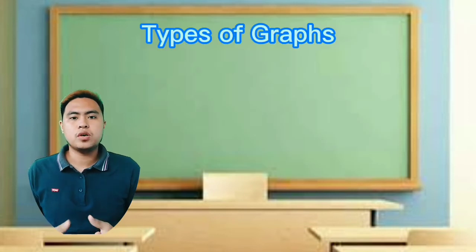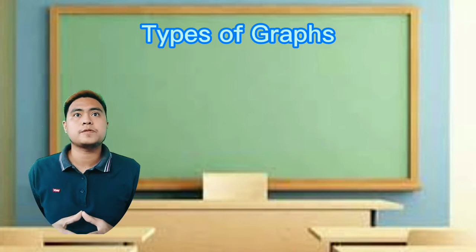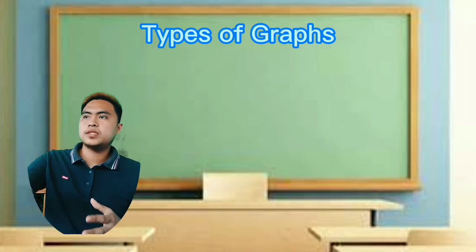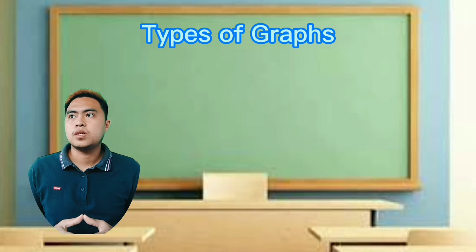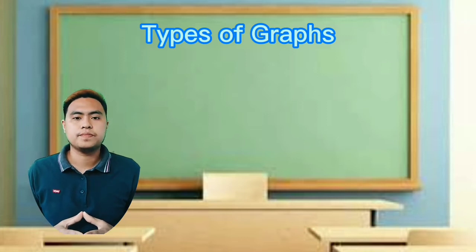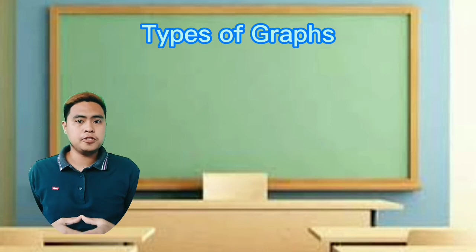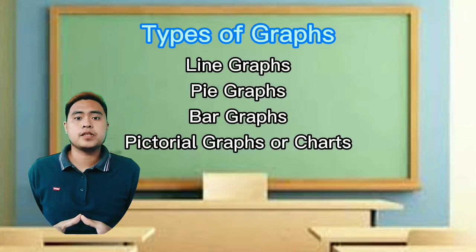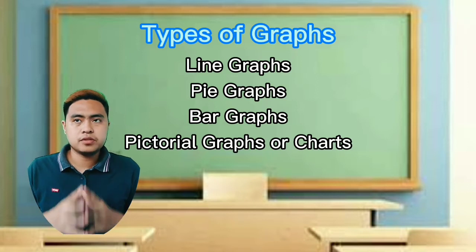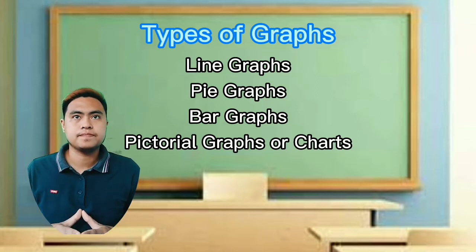Who among you here knows about the types of graphs? Okay, Miss Angela. Okay, very good. That's good. The types of graphs are line graphs, pie charts or graphs, bar graphs, and pictorial charts.